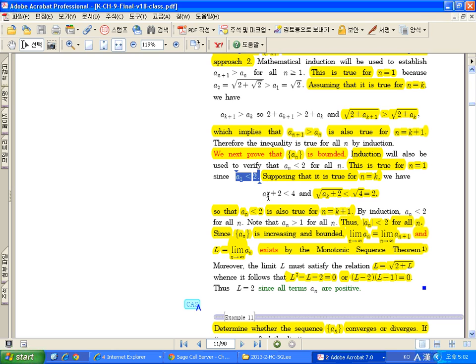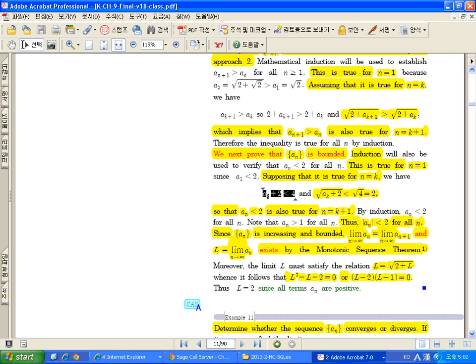And also, we want to verify a(n) is less than or equal to 2, so we showed it. It is true for n equal to 1, that a1 is less than 2. Suppose it is true for n equal to k, which means a(k) is less than 2, so a(k) plus 2 is less than 2 plus 2, which is 4.